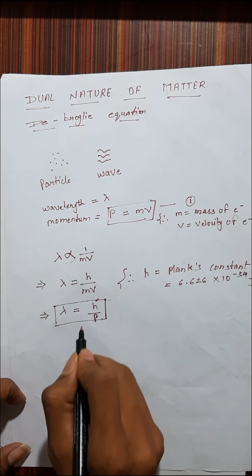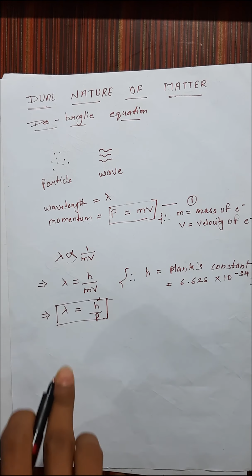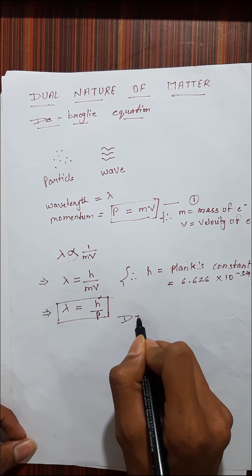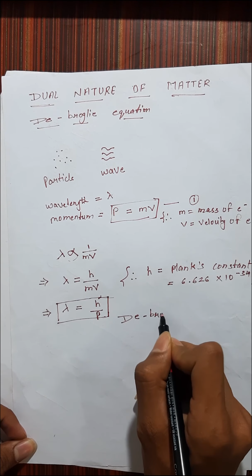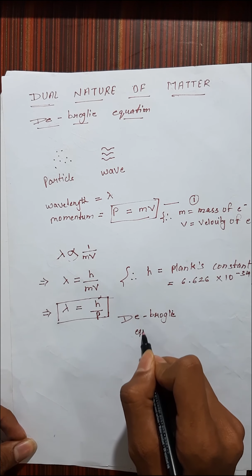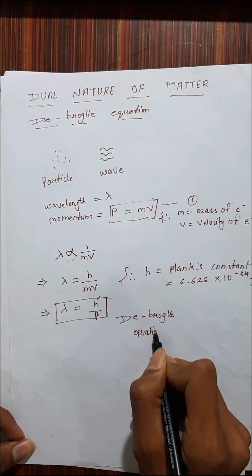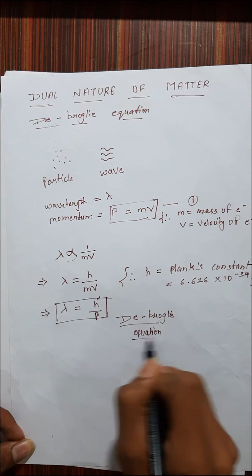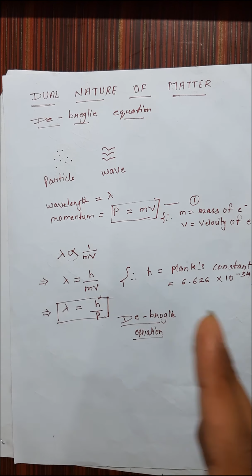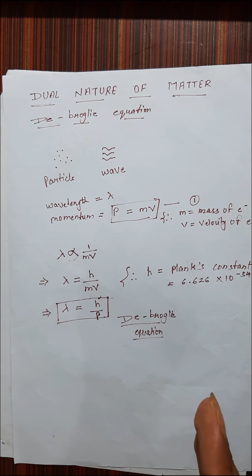So here we can get the equation, and this equation is called De-Broglie equation. Through the help of this formula only, we can solve many of the numerical problems.